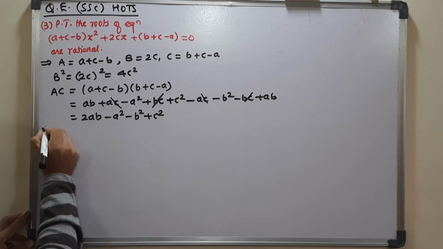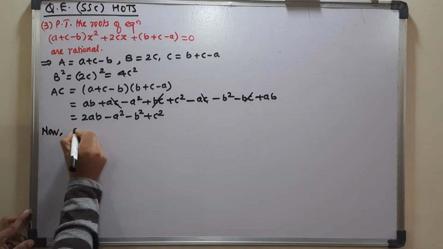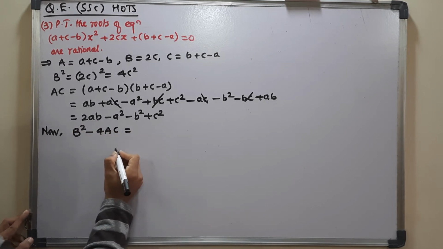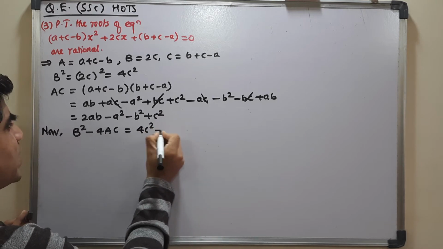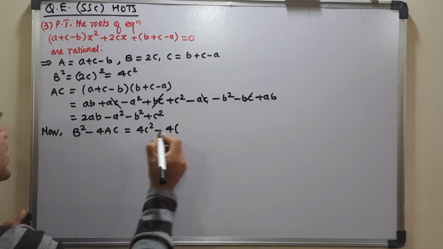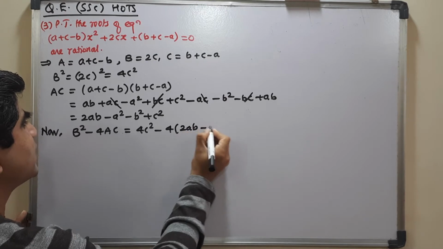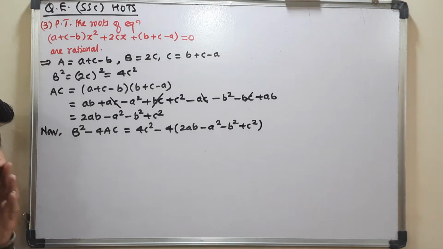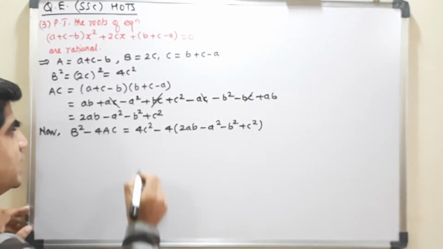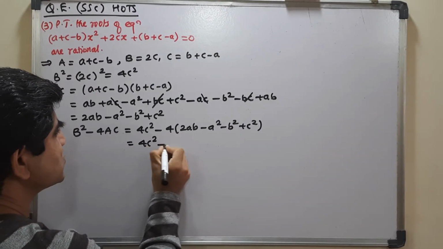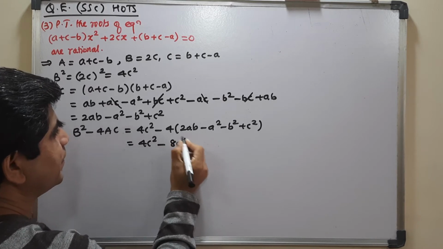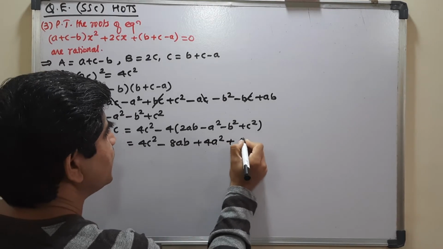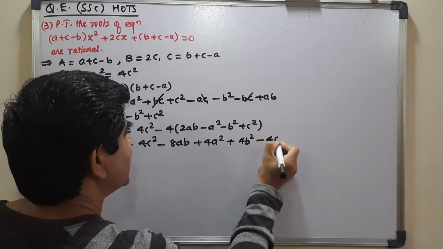So now, what will be the value of B square minus 4AC? B square minus 4AC is 4C square minus 4AC, which is 2AB minus A square minus B square plus C square. So it becomes 4C square minus 8AB plus 4A square plus 4B square minus 4C square.